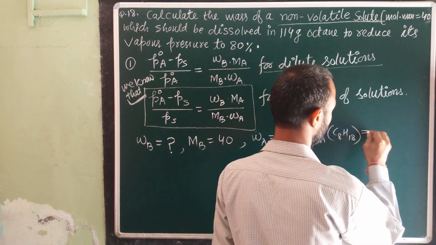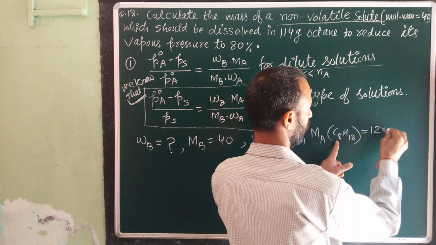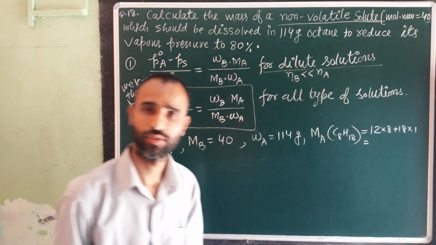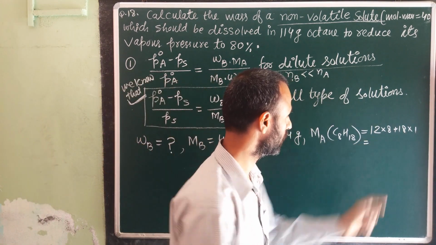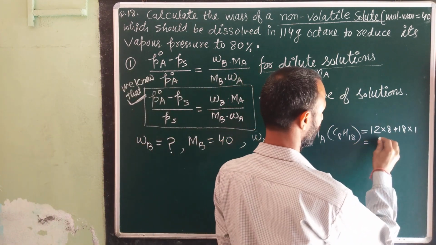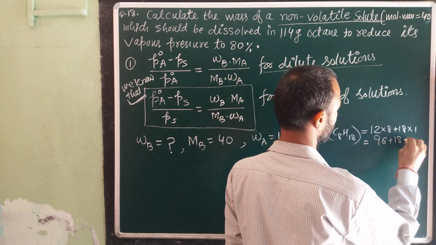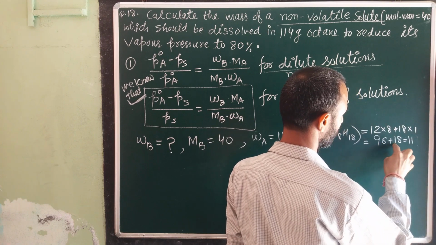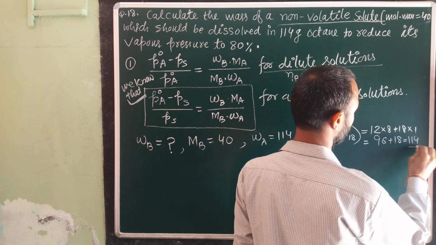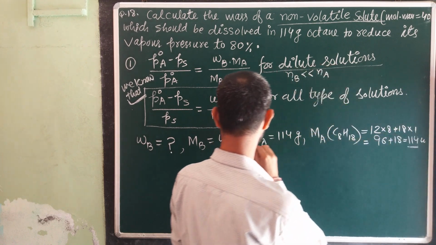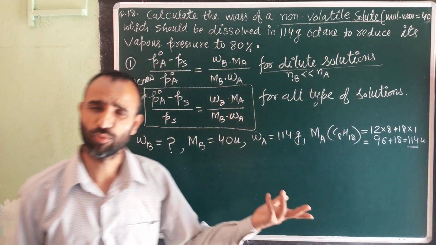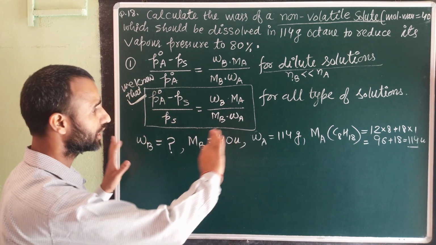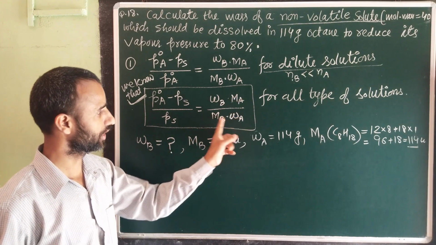So 12 into 8 plus 18 into 1, 96 plus 18, which becomes 114. Take it as unit u or gram per mole. So these are the values given to you. Everything is given.